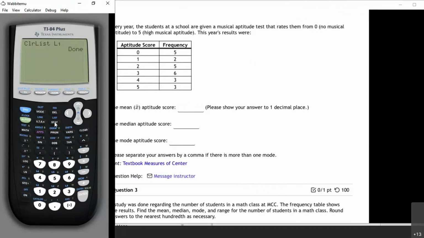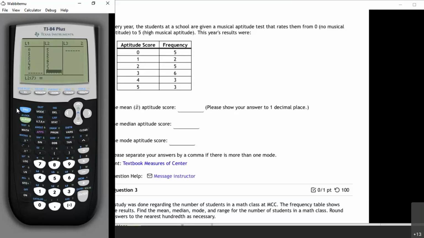Then I'm going to go into stat edit and put the values 0, 1, 2, 3, 4, 5. And then here I'm going to put in the frequencies, right? 5, 2, 5, 6, 3, and 3. Just make sure that you've got the same number of entries in both.